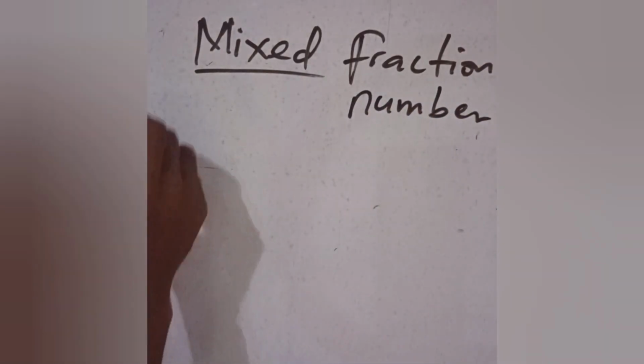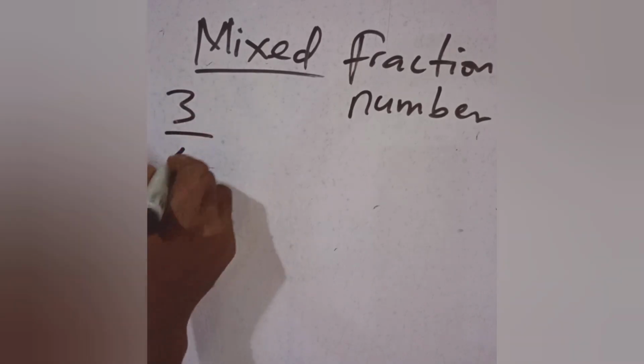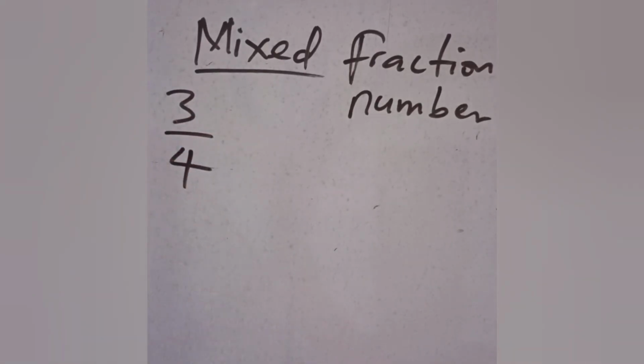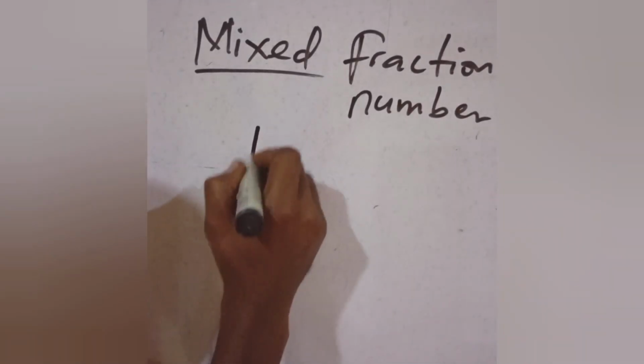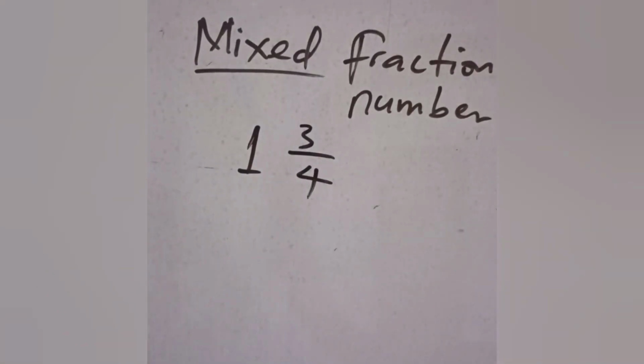So it has a whole number part, one whole number, 3/4, for example. Let me write it in frame. Let's say a number like this, one whole number, 3/4.